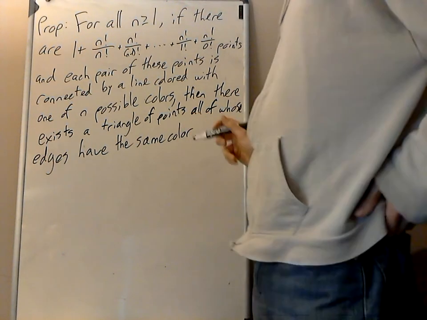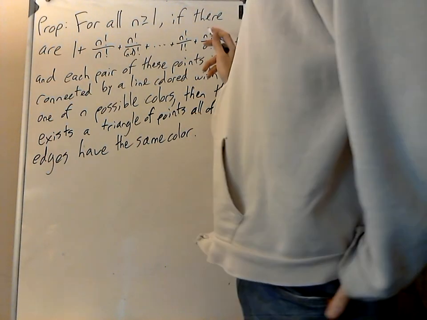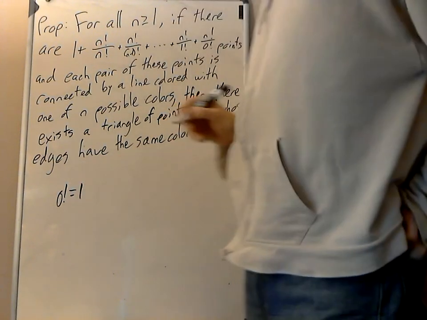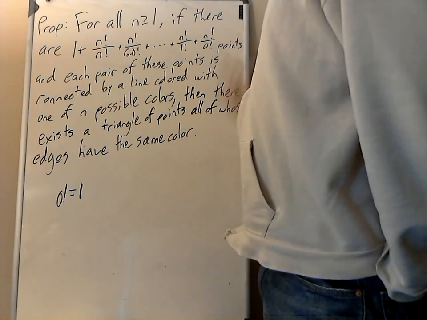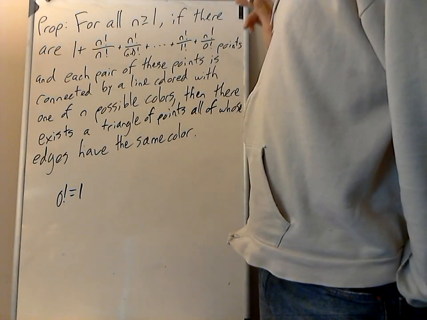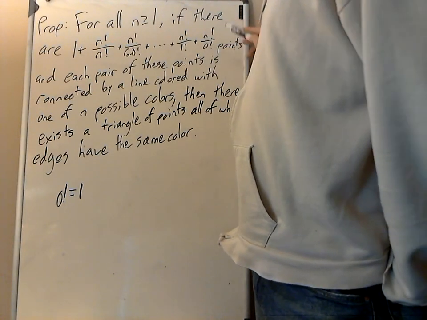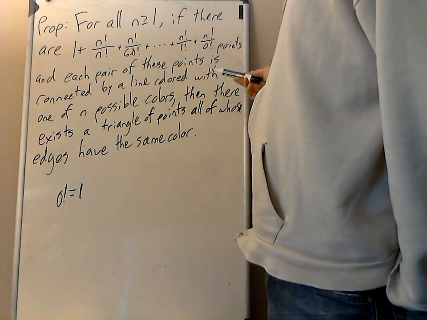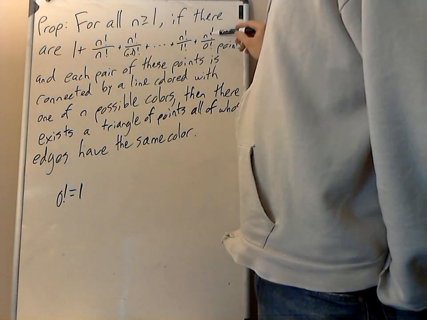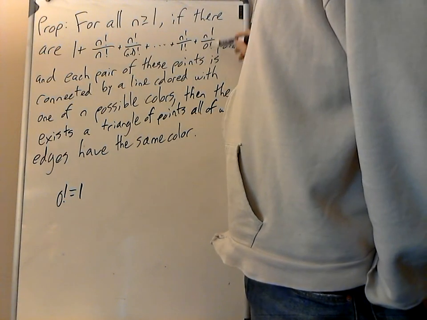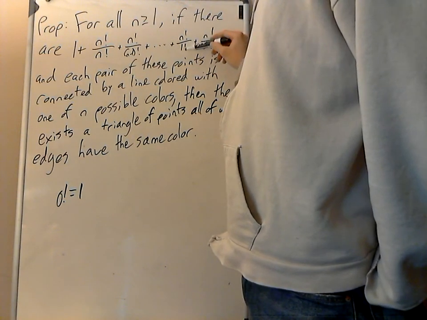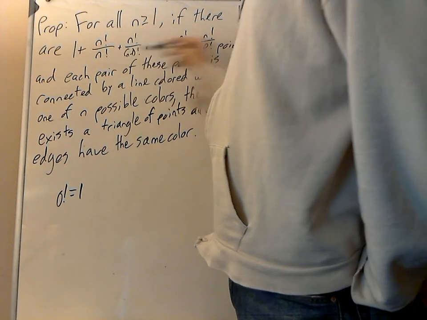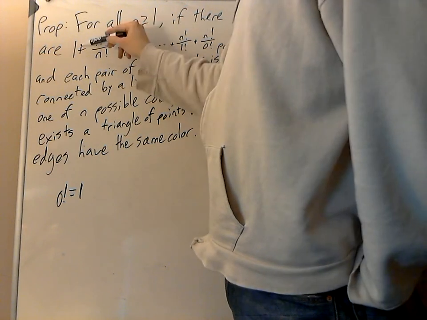So first of all, a note that 0 factorial is equal to 1. And second of all, a note that this problem for n equals 2 is precisely the problem that we just solved. So if n equals 2, then we have 2 factorial over 2 factorial plus 2 factorial over 1 factorial plus 2 factorial over 0 factorial plus 1, which is equal to 1 plus 2 plus 2 plus 1, which is 6.